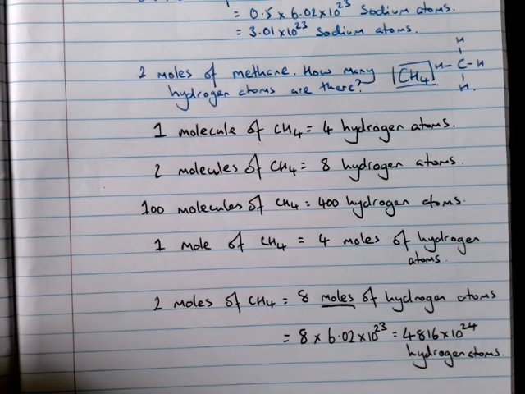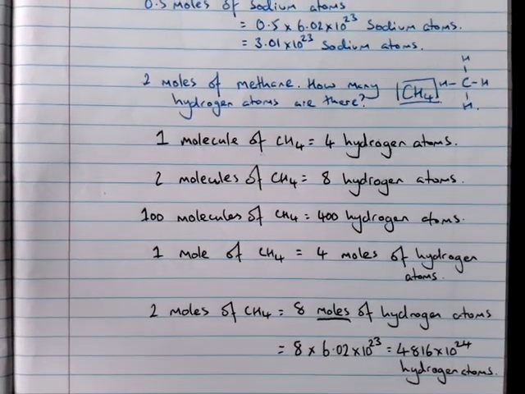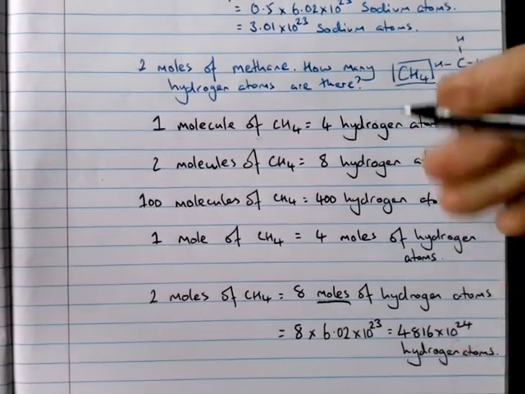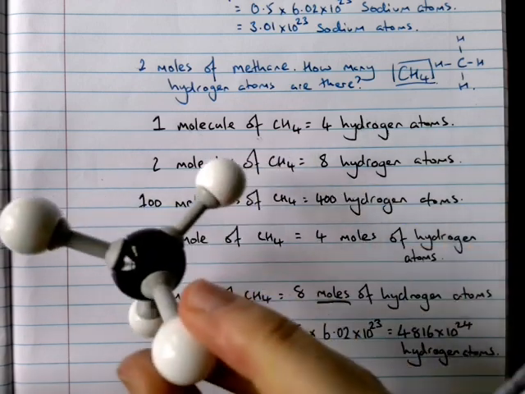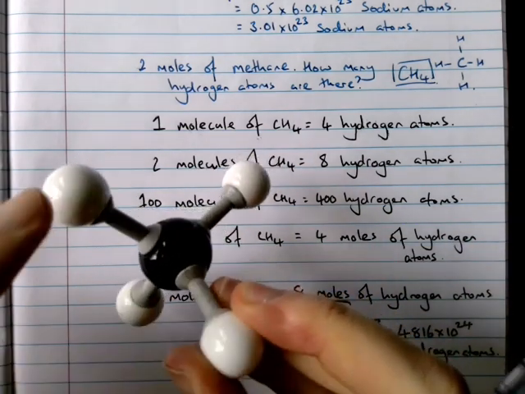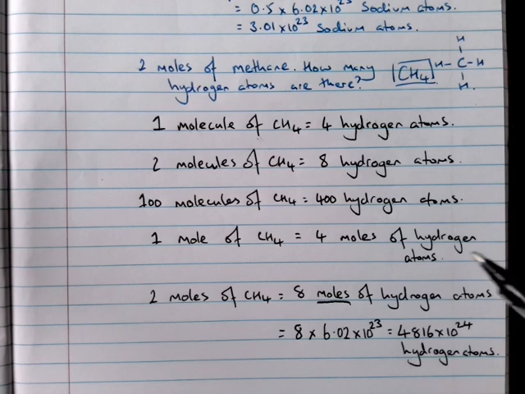Okay, now you might want to pause the video there and go back through that process so you understand the relationship between the number of molecules and the number of hydrogen atoms, and the relationship between the number of moles and the number of hydrogen atoms.